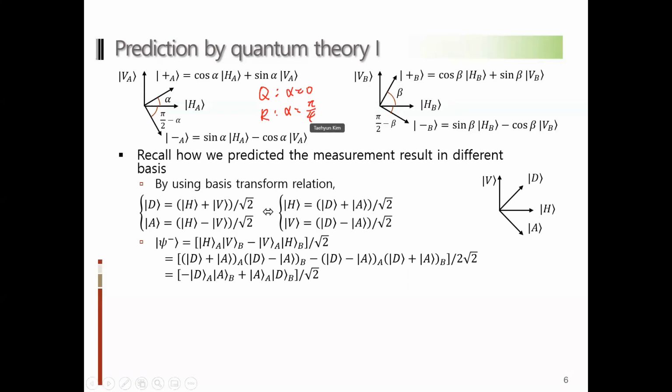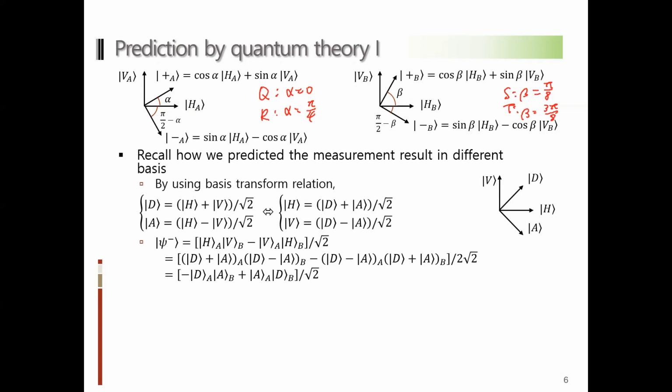Similarly, Bob can choose either the S basis, where beta is pi over 8, or the T basis, where beta is 3 pi over 8. Especially, we should calculate the probability for each measurement result case.